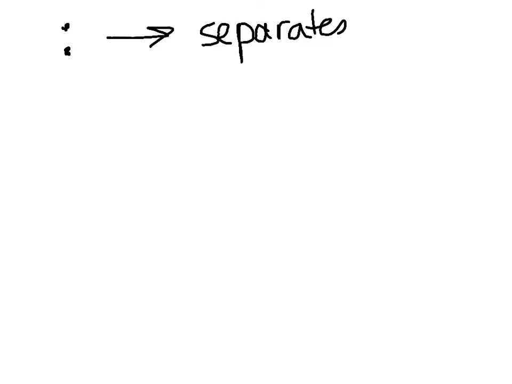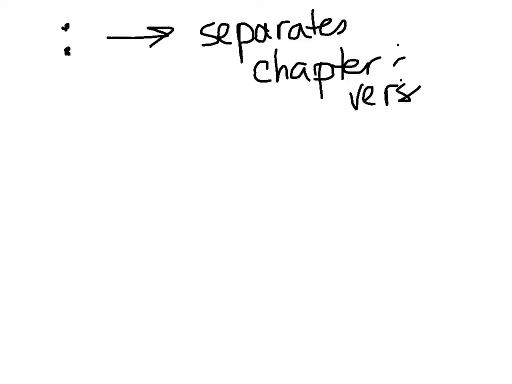So let's summarize here. Book is a book. Chapter means a chapter. Colon separates chapter and verse. A hyphen means to or through.